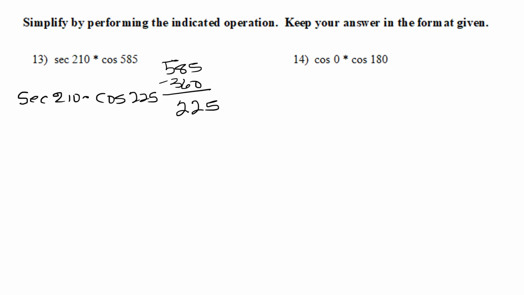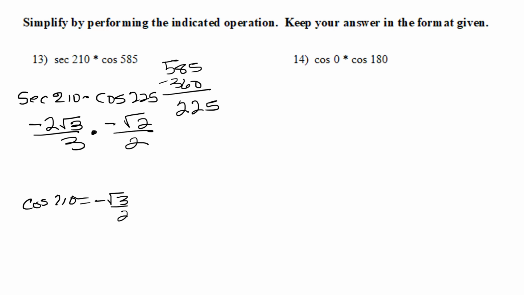Remember, secant is the reciprocal of x. So cosine of 210 is negative root 3 over 2. Its reciprocal will be negative 2 square root 3 over 3. And then multiplied by cosine of 225, that's negative square root of 2 over 2.